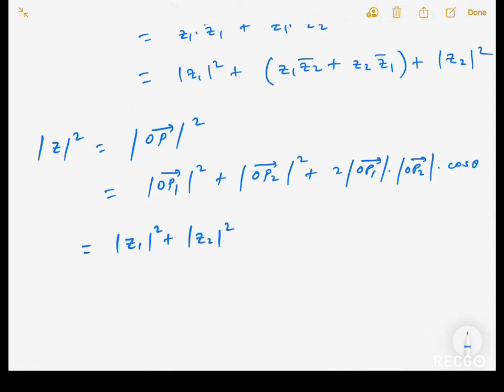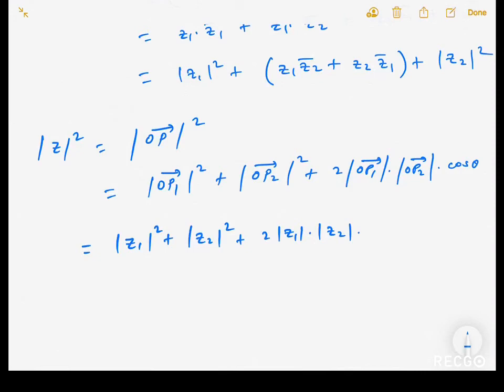Now mod op1 square is the same as mod z1 square, mod op2 square is the same as mod z2 square, and you can write here 2 times mod z1 into mod z2 into, now see, cos theta. So how can we write cos theta differently? Because in case theta is not given directly in the question, how do we find this cos theta?